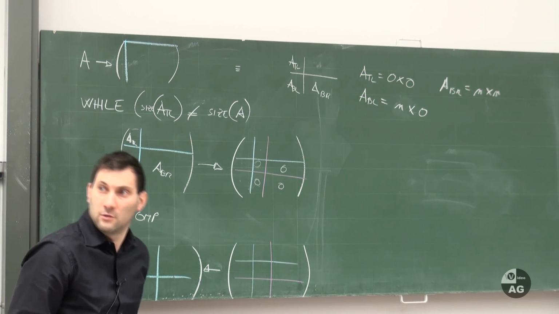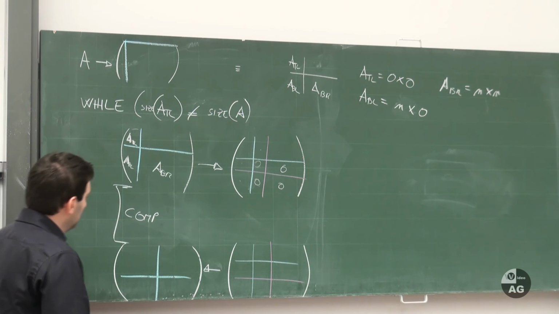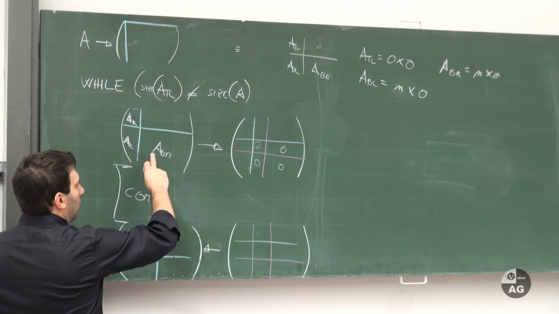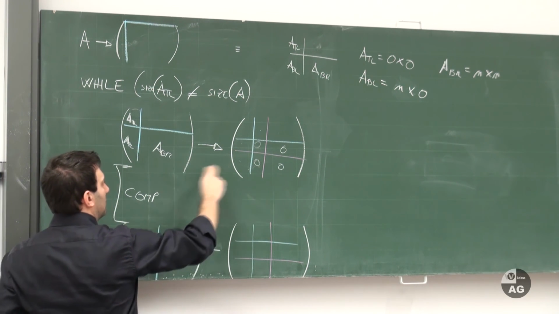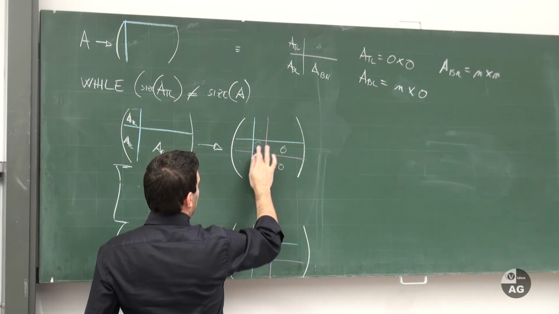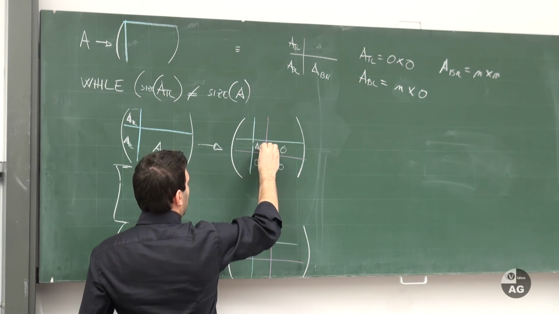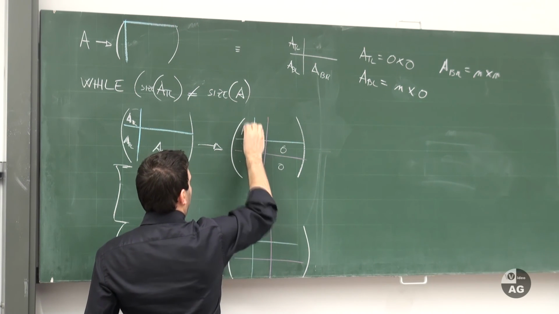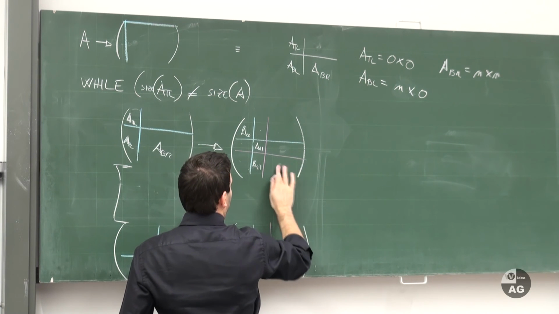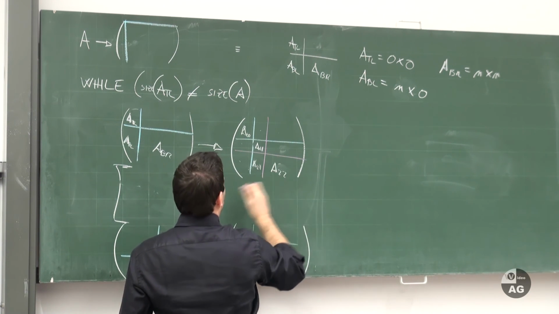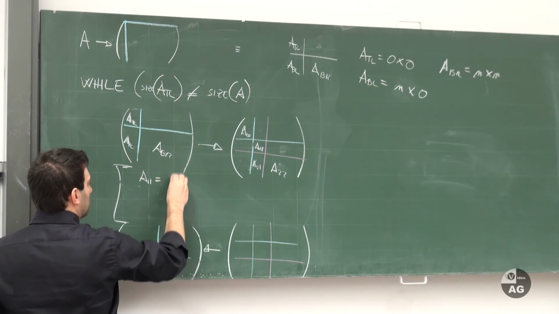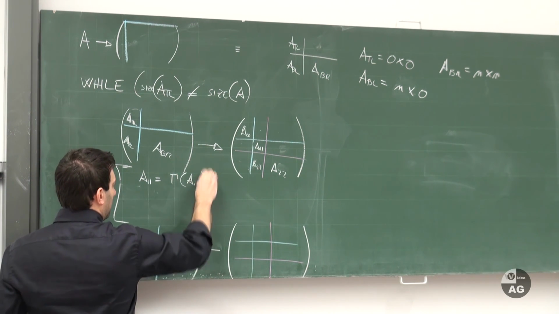Let's go super fast. We know that over here I want to do Cholesky. So first of all, I need to assign names. What are these things? A11, A00, A21, A22. So I know that A11 should be Cholesky of A11.